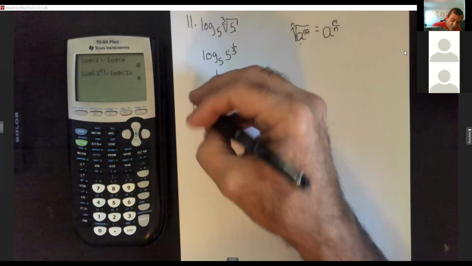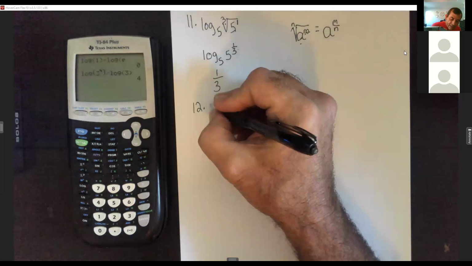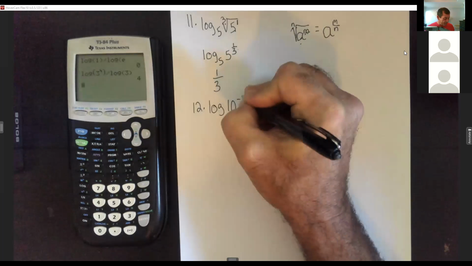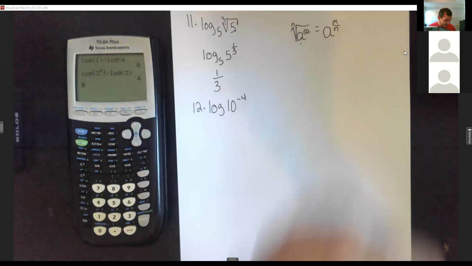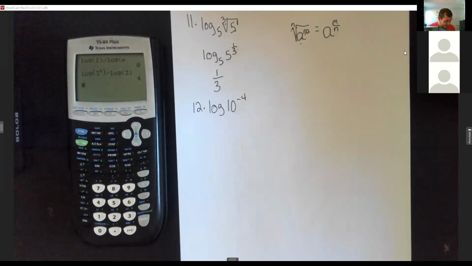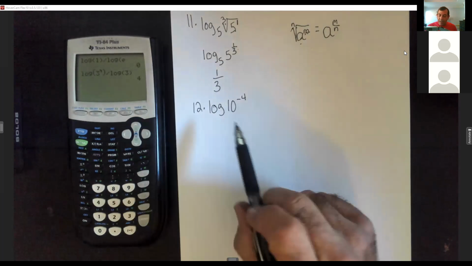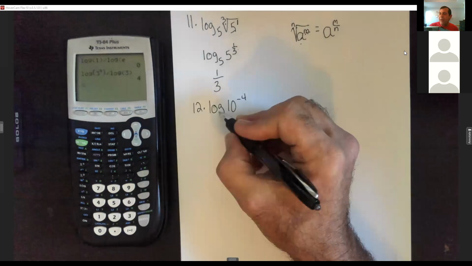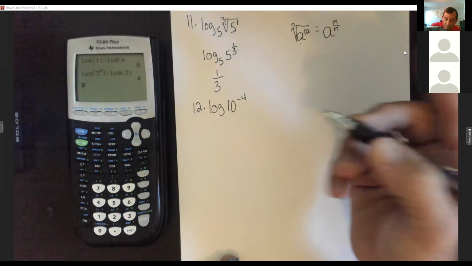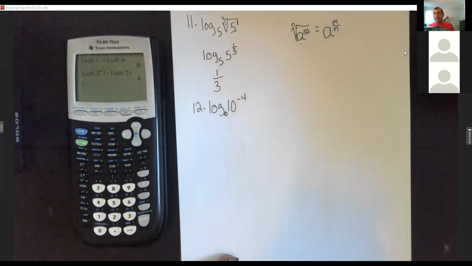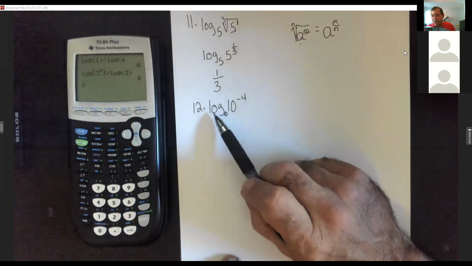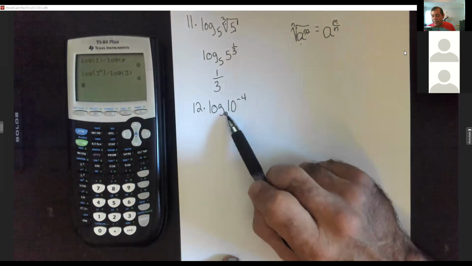All right, what's this going to equal? Log 10 to the -4. Because remember, there's not a base here, so y'all know that that base is automatically a 10. And they're trying to get you used to that about that log. If it don't have a number, it's automatically a 10.